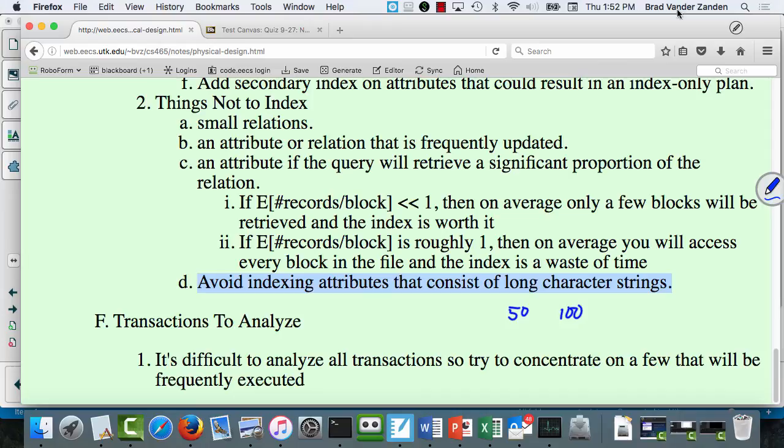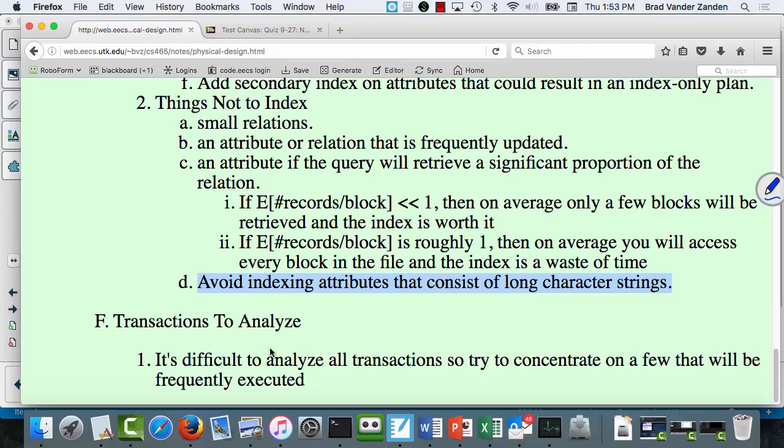The book spends some time talking about analyzing transactions. My experience is that will drive you crazy. Typically what you do is look at a few of the most common transactions that you think will happen and try to optimize those. Then you bring up the database, start running it, and monitor it with performance monitors.